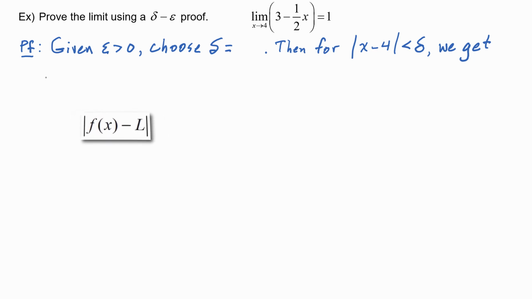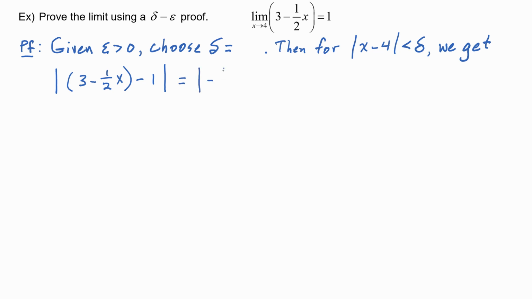Now we have to look at the absolute value of f of x minus L, so that would be our f of x, which is 3 minus 1/2 x minus L, which is 1. Now let's do a little algebra and simplify this expression. We get absolute value of negative 1/2 x plus 2.